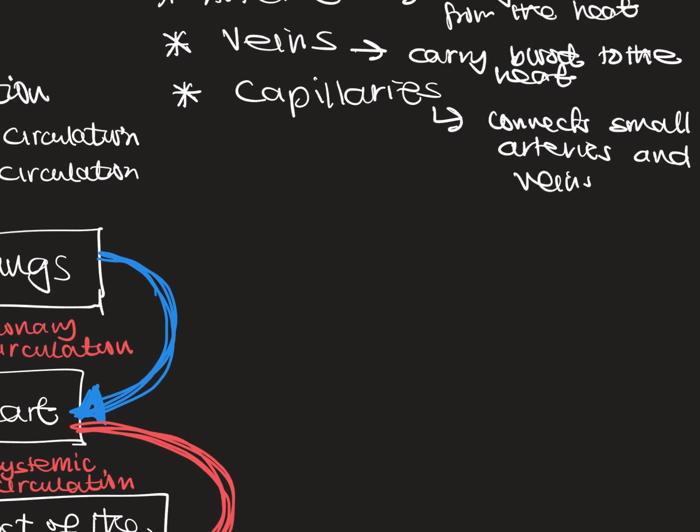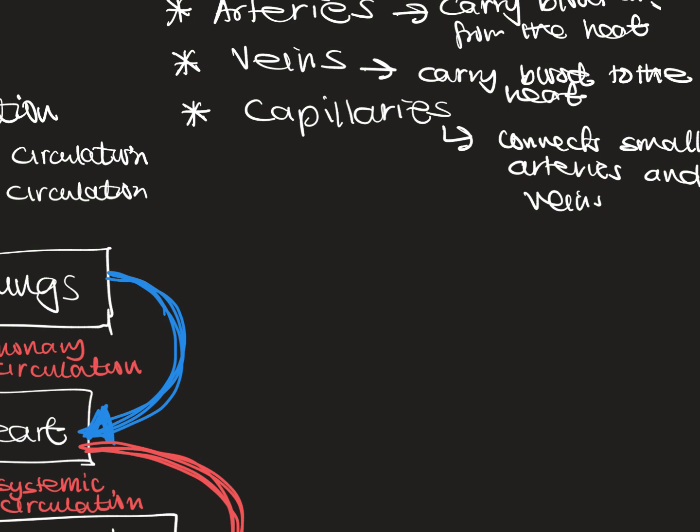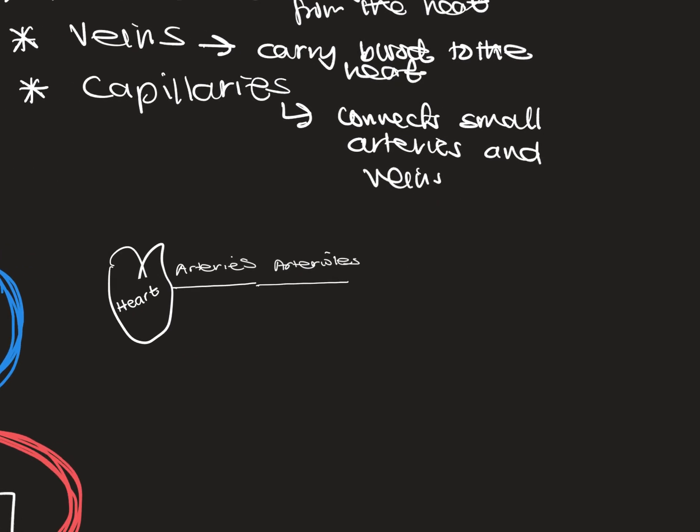So to explain this, from the heart, blood goes into the arteries. The arteries then become smaller arteries, which we call arterioles. Then from the arterioles, you have the capillaries.